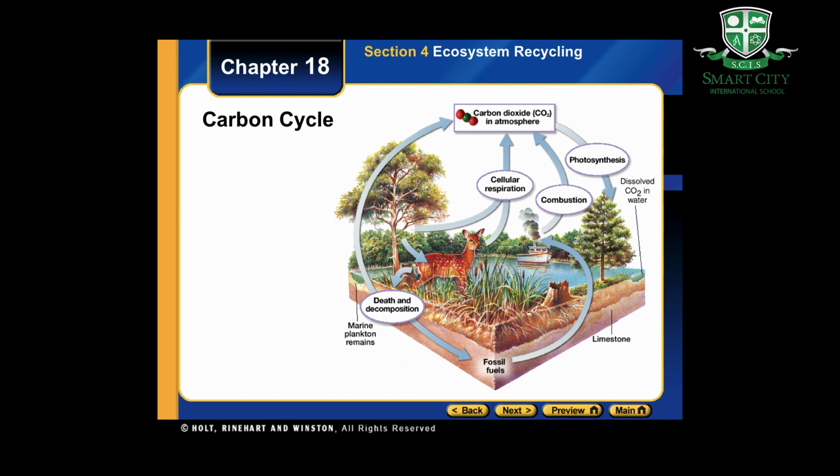Then those animals, when they die, they decompose. So the decomposers break down the dead bodies into their main nutrients, which release again the carbon dioxide which was in their bodies into the atmosphere.